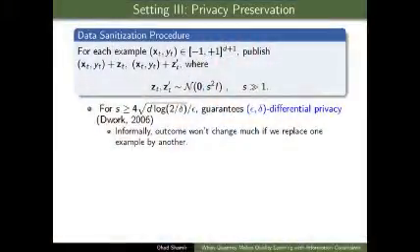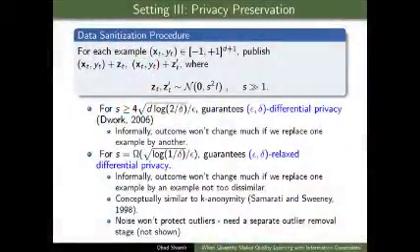Now, this is not really a talk about privacy preservation, and I think I'm starting to get a bit short on time, so I won't go into all the details, but basically if the variance is large enough, you can prove strong privacy preserving guarantees. So you can prove differential privacy, which is this very popular notion of privacy initiated by Dwork from MSR.